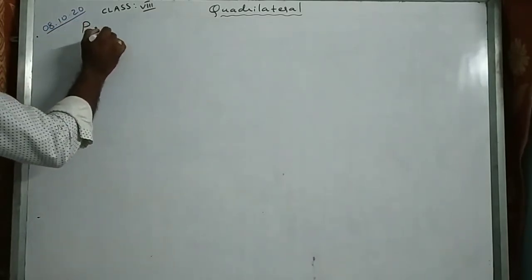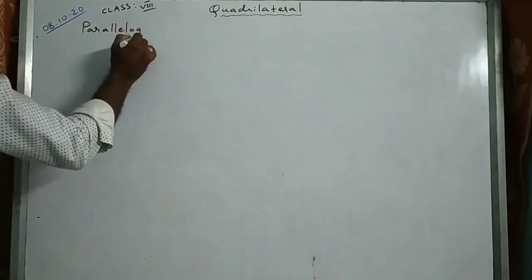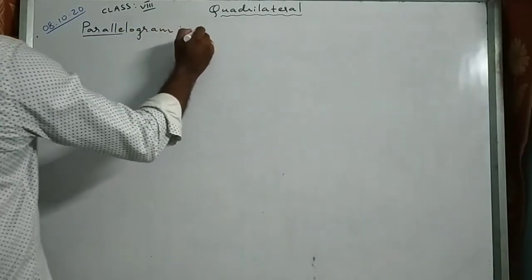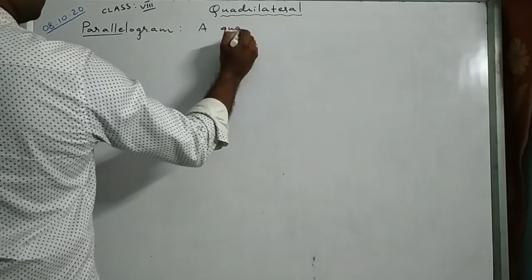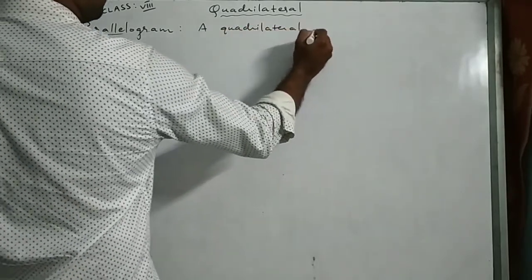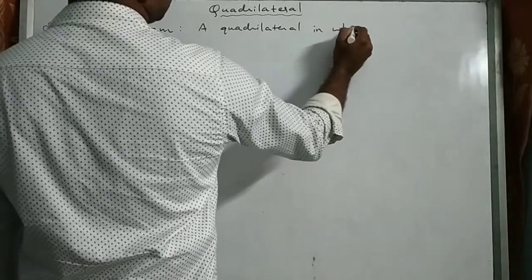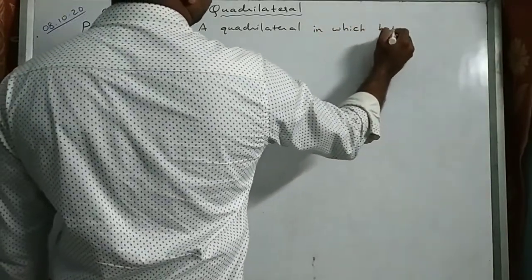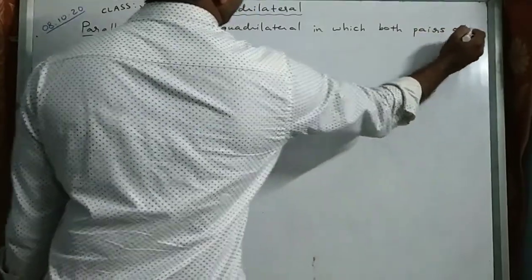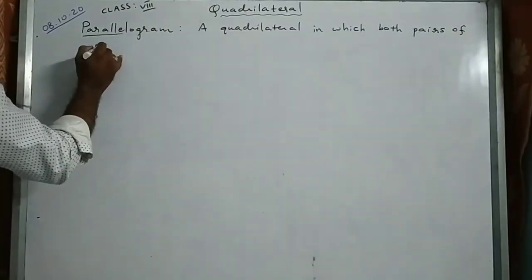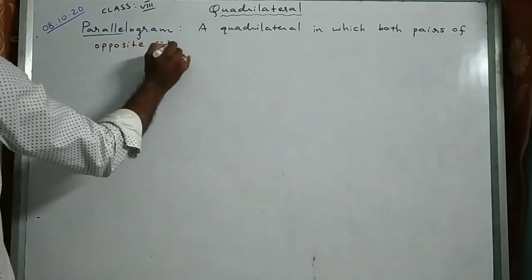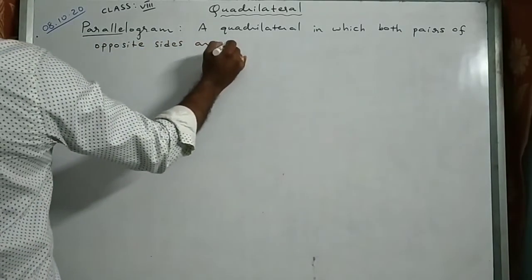But a parallelogram is a quadrilateral in which both pairs of opposite sides are parallel.